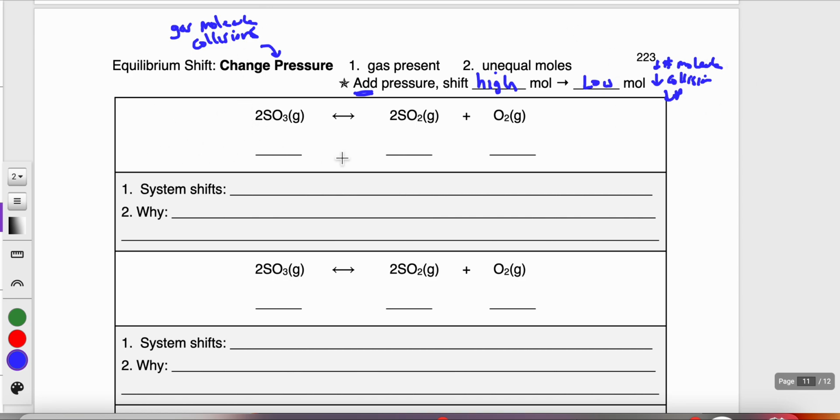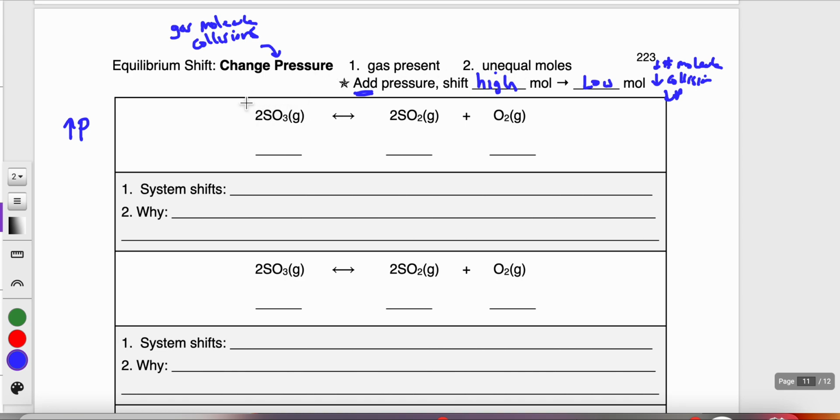So let's take a look at this system here. We cause an increase; we apply more pressure to the system. So the first thing we look at, number one, is there at least one gas present? Gas, gas, gas. So yes, we have a gas. Now we need moles.